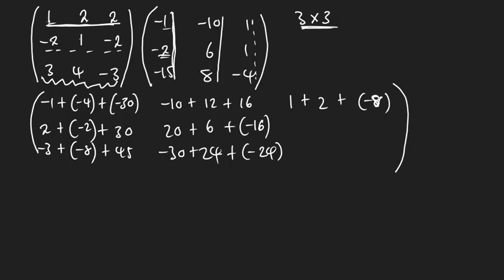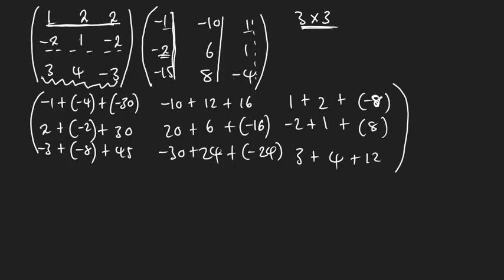Negative 2 multiplied by 1 is minus 2. 1 multiplied by 1 is 1. Negative 2 multiplied by negative 4 is going to be a positive 8, correct? 3 multiplied by 1 is 3, plus 4 multiplied by 1 is 4. Negative 3 multiplied by negative 4 is 12.